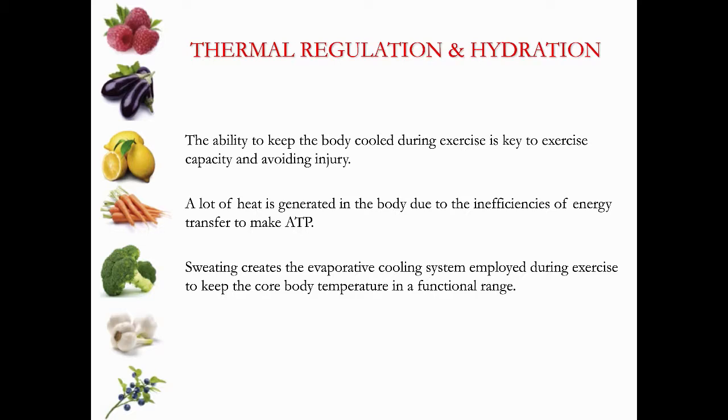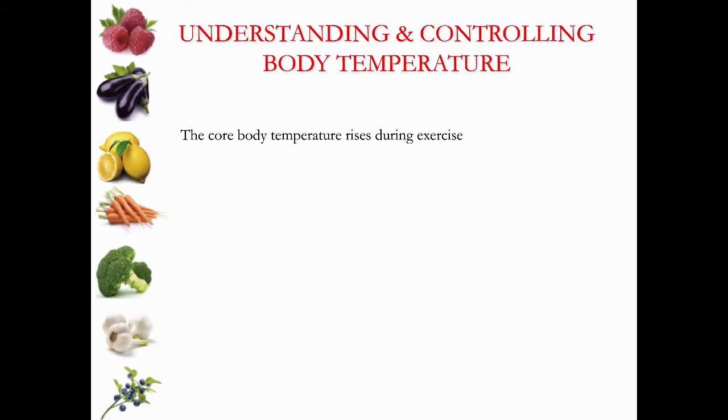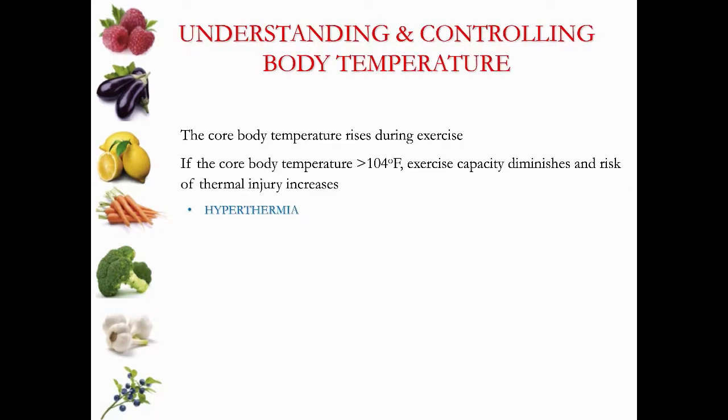Okay, so we're not talking about your body temperature getting that high, but if your body temperature does go up really high, if you are not able to get rid of that excess heat, it can result in internal body damage. So our core body temperature rises during exercise, and if the temperature is greater than 104 degrees Fahrenheit, that can affect your ability to exercise, and it increases risk for injury.